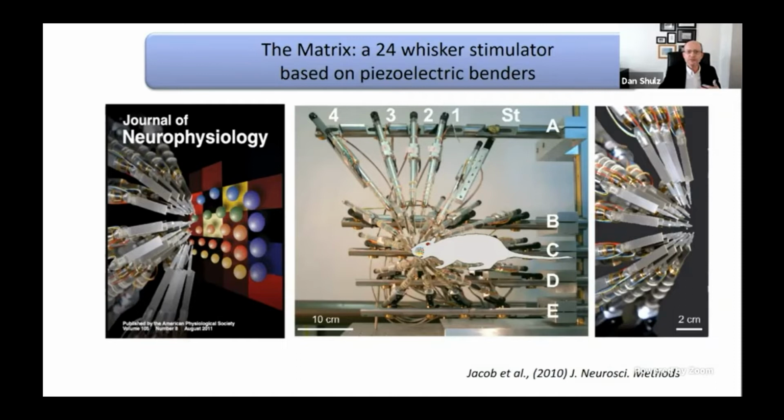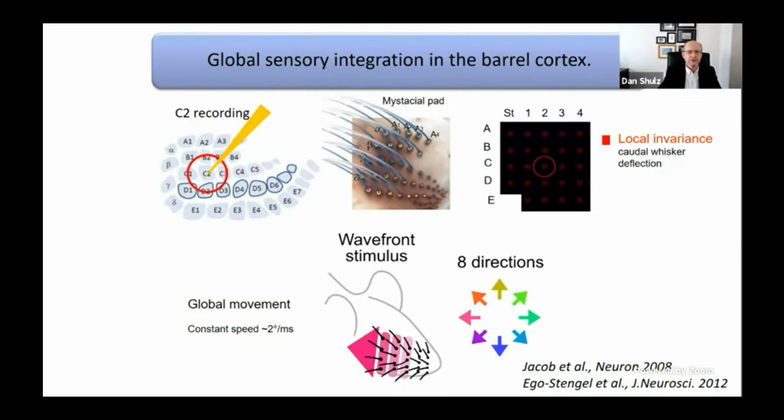So using this matrix, we have conducted a comprehensive study on the dependence of cortical coding on the input statistics, because with this machine, we can control very precisely the input to the system, of course, in the anesthetized animal for the moment. So using this, we tested sequences of rostrocaudal whisker deflections that generate multiple bristle motion patterns, as you can see here in this small animation.